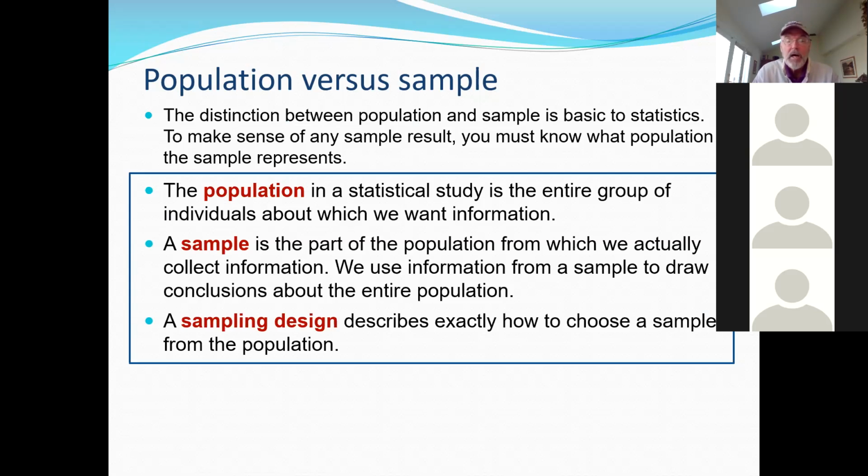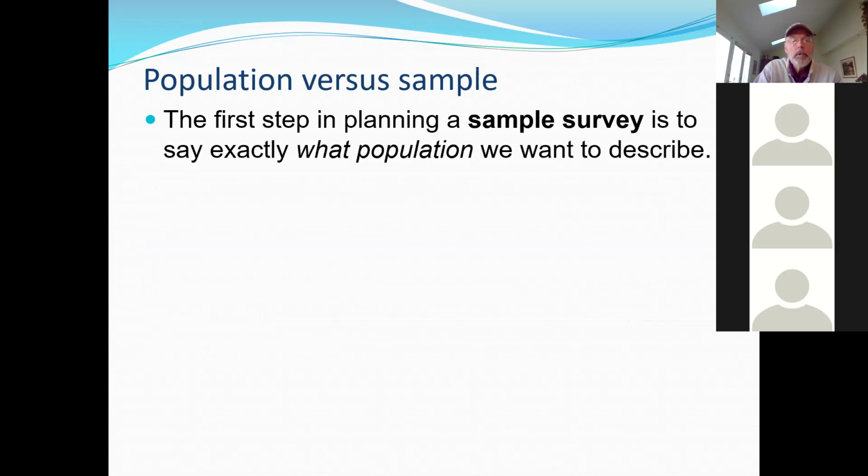So a sampling design is how we express the sampling process and turn that into something that will tell us about the population. So we may need a sample survey. We need to identify what the population is.